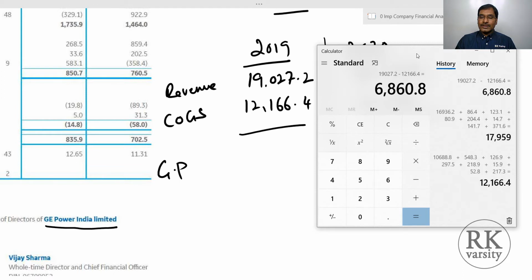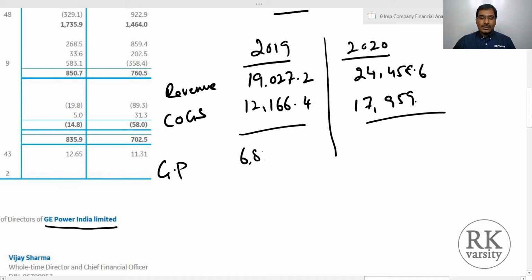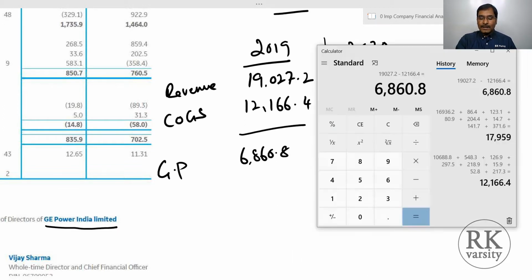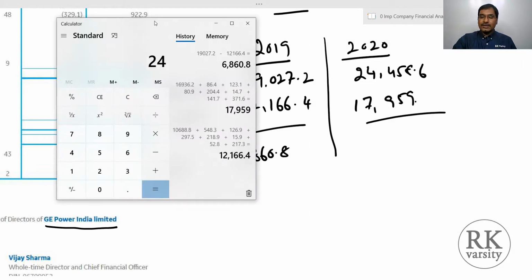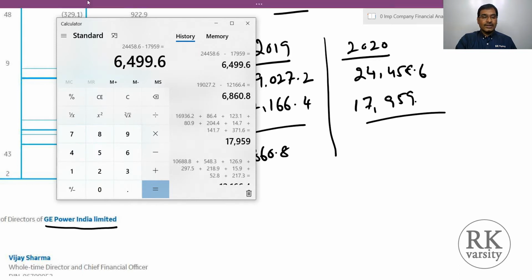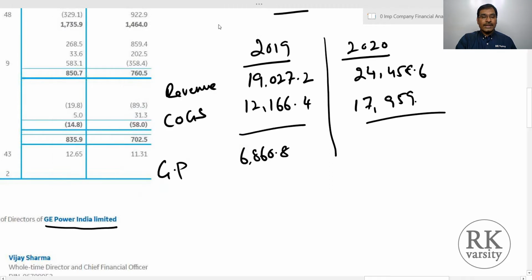So 6,860.8 million is the gross profit for the financial year 2019, and for 2020 this is 24,458.6 minus 17,959, 6,499.6.